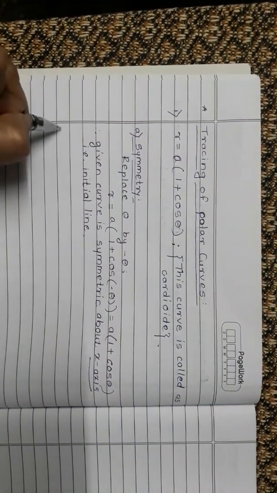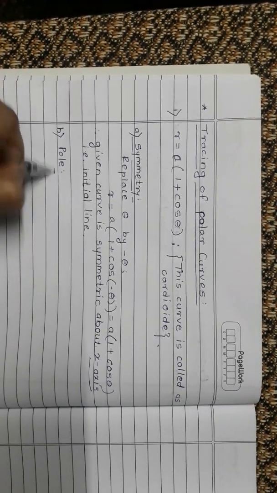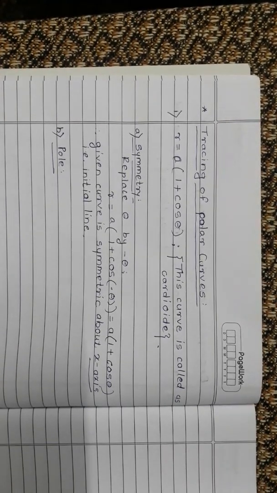And then the second point is finding whether the curve passes through the pole or not. The pole is here, the origin, right? So to verify whether this passes through the origin or not, you need to make r equal to 0, right? So we are going to figure out for which value of theta r is becoming 0.